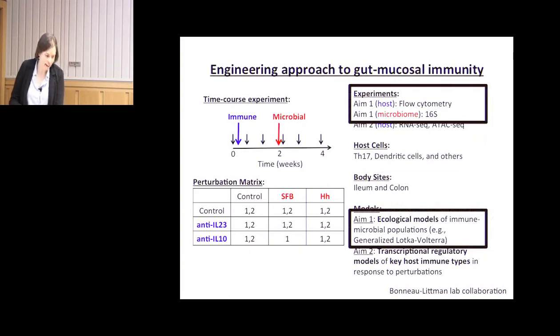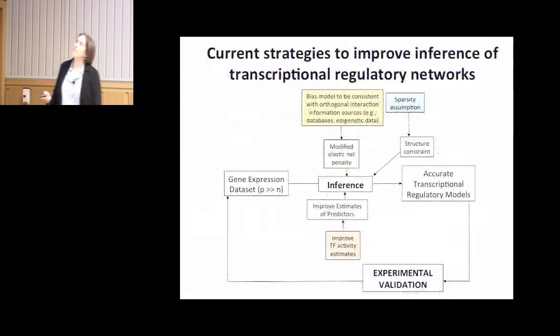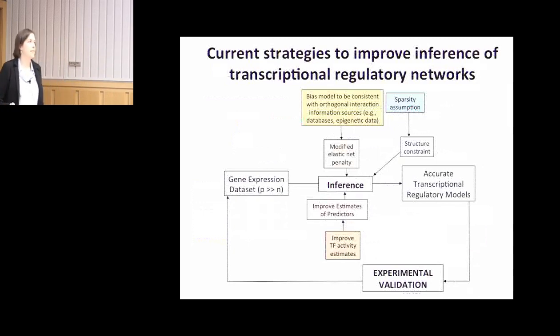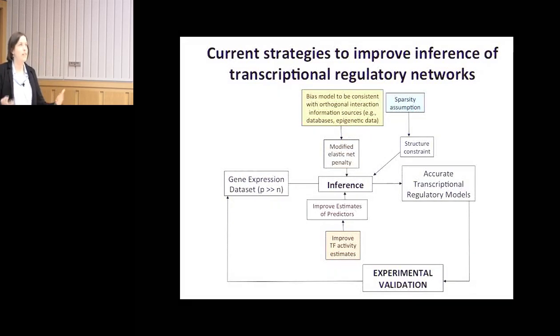And then just to summarize, these are the strategies that I've used here to build more accurate transcriptional regulatory models. But there are a lot of different ways that you can improve these transcriptional regulatory networks. These are some of the things that I would like to do to further constrain the model building process and come up with more accurate models.